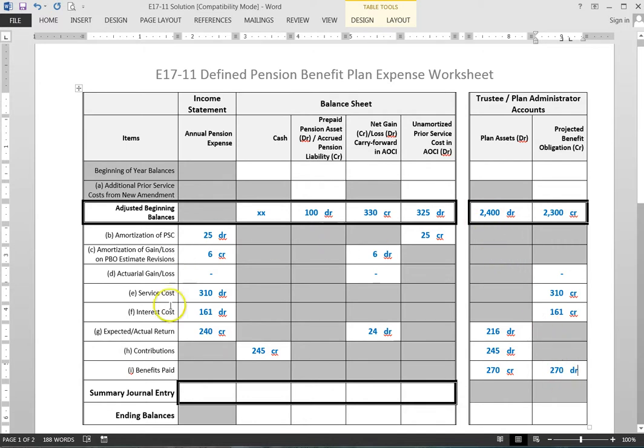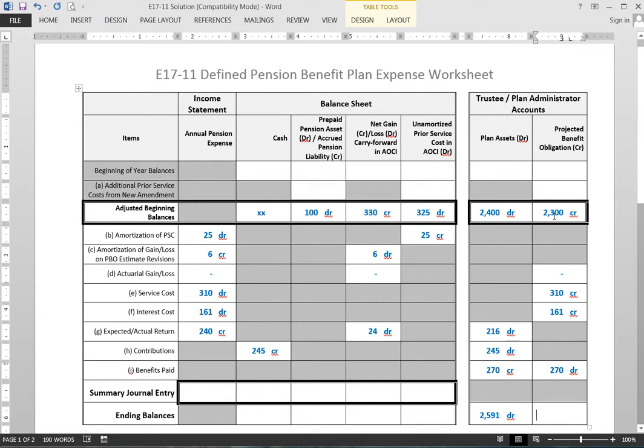And so now I've completed everything for the year, and it's just a matter of completing the puzzle pieces, so to speak. So again, what I would normally do is deal with the plan assets and PBO. These are the plan administrator accounts. Beginning balance of $2,400 plus $216 plus $245 minus $270 works out to a $2,591 debit balance, ending balance for the plan assets.